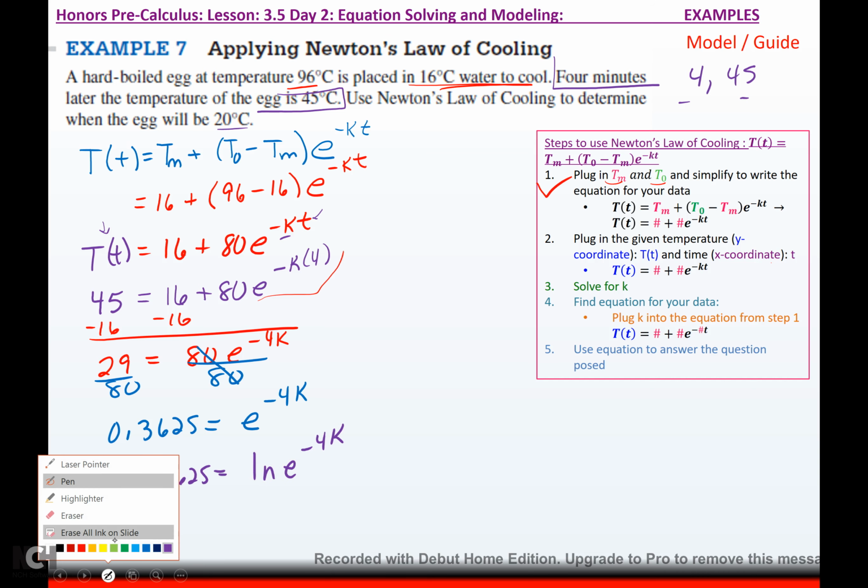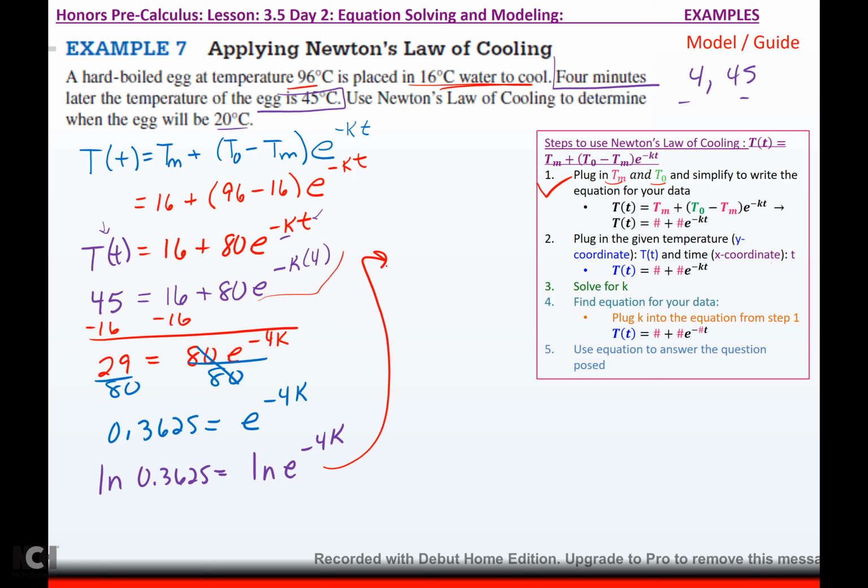Alright, and if I type this in, natural log of 0.3625, I get negative 1.015 if I round. On this side, these match, so they cancel, and that side becomes negative 4k.